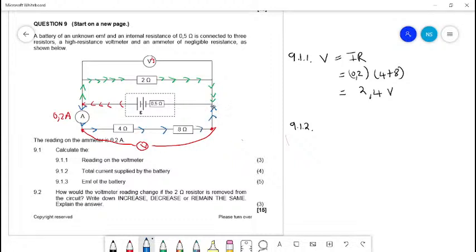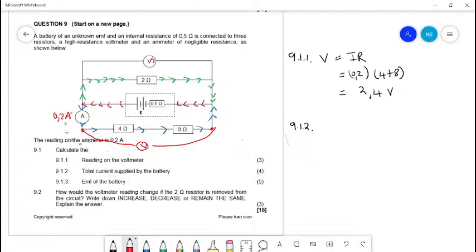And when it gets to this point, it goes back to the negative terminal. So there's the direction of current. So it's understanding that there's a portion that goes to the 2 ohm resistor, and then there's a portion that goes to the resistors that are connected in series below the battery.